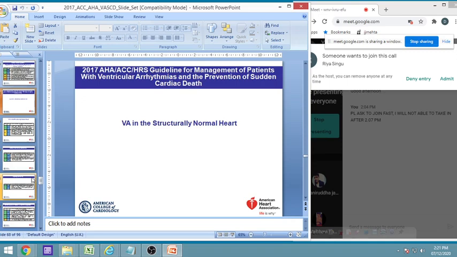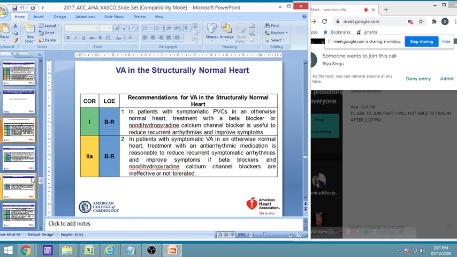What will happen if there is some structural or functional abnormality? What will happen if there is a ventricular arrhythmia in a structurally normal heart? The heart is structurally normal, still it is showing arrhythmia, then what should we do in that case?